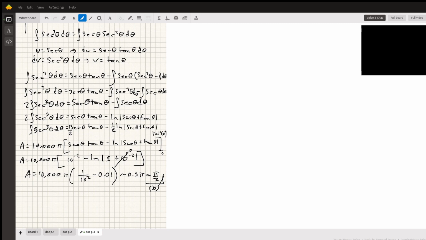But after careful consideration, it does make a difference to the natural log if you add the 10 to negative 2 to 1, and that comes out to 0.01. It does make a difference once you subtract it from 1 over 10 squared, and definitely makes a difference when you multiply that times 10,000, which results in 0.5 pi, or approximately pi over 2. So that will be the answer for the surface area.